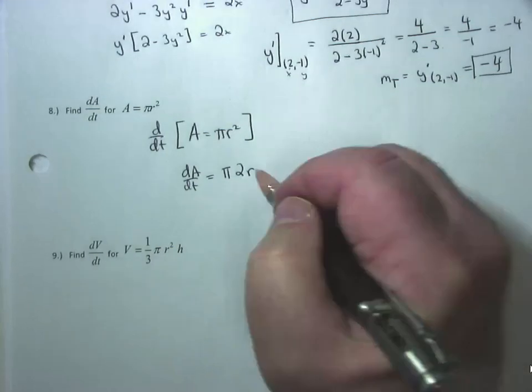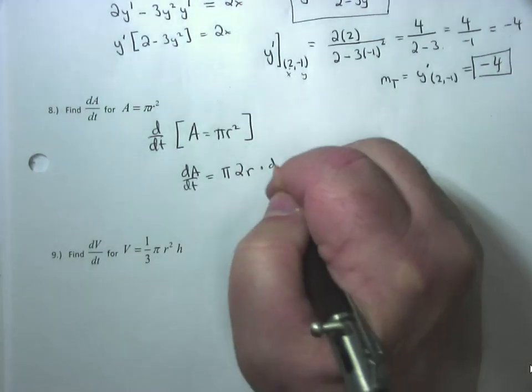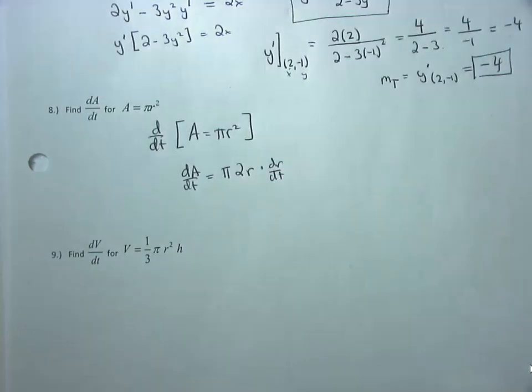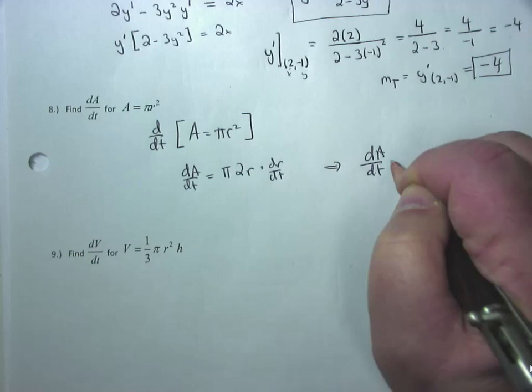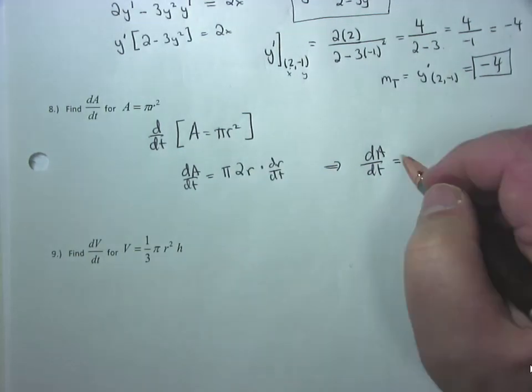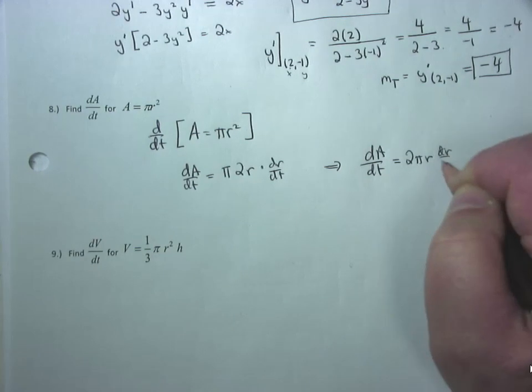The inside stays the same, but then you have to multiply by the derivative of the inside. What's the derivative of r, listen to my words, with respect to t? Times dr over dt. And you can clean this up, and you've got your first related rate equation: dA over dt is equal to 2 pi r times dr over dt.